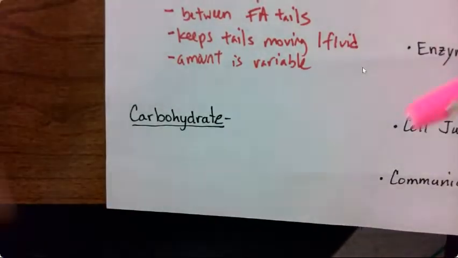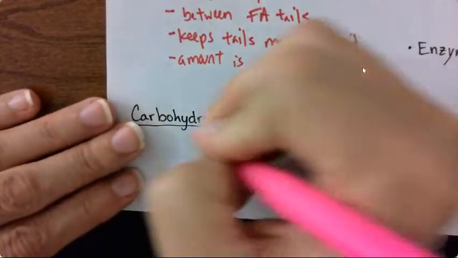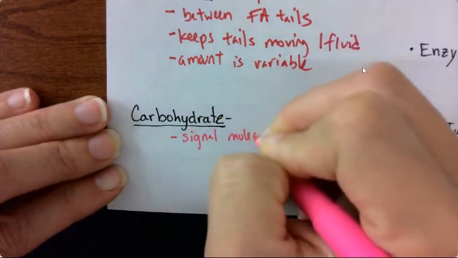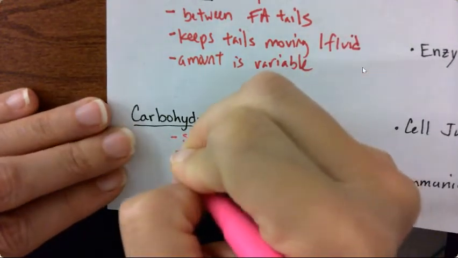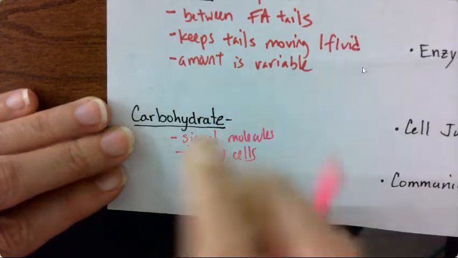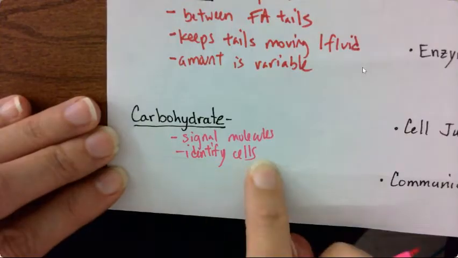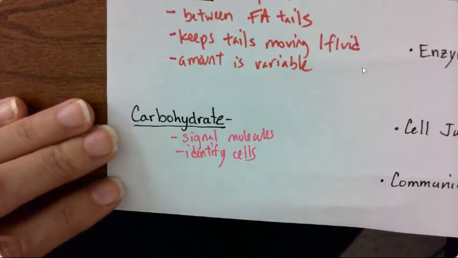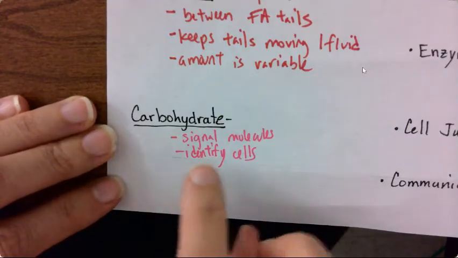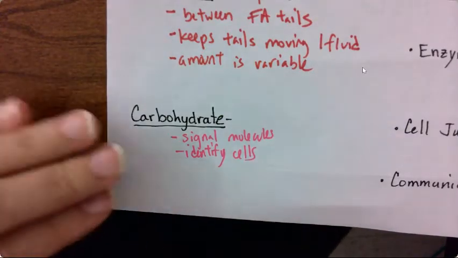So these carbohydrates are attached to proteins here. And these carbohydrates are incredibly important because they act as signal molecules. They help identify cells. You on your cells have specific unique carbohydrate groups that identify your cells as your cells. And this is when we get into issues with organ transplantation and not matching signals, which we'll talk about later.